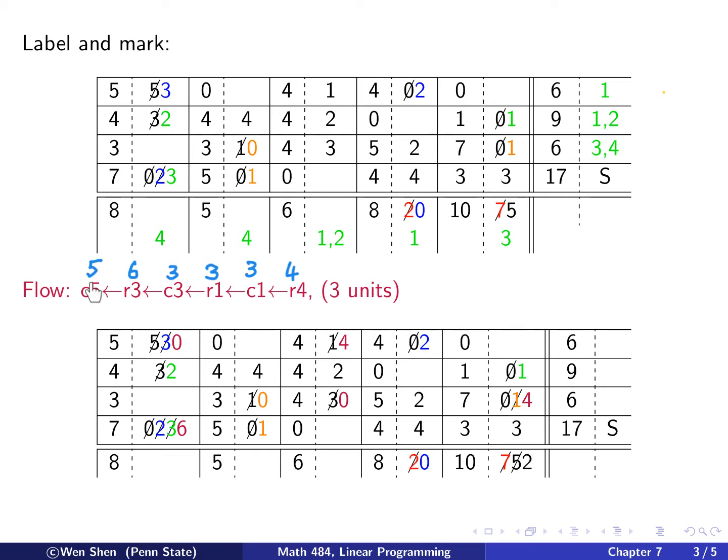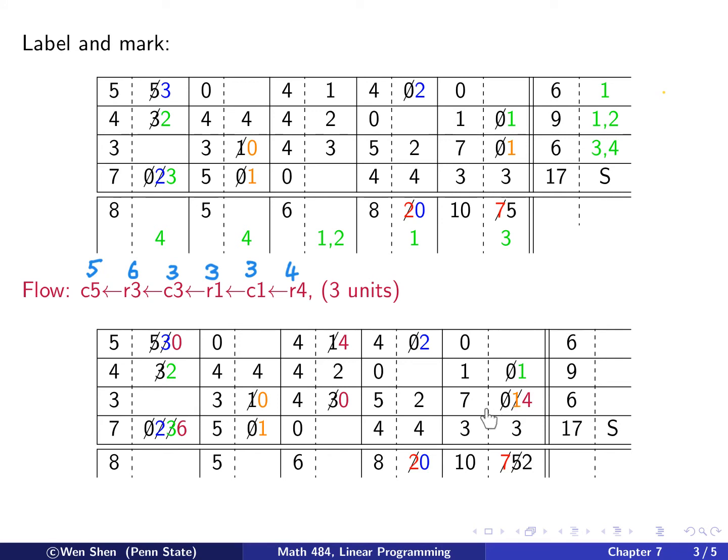These are the numbers that each link can carry at maximum. We have to take the smallest among these, because you cannot carry more than that, otherwise one of the links will not work. So the minimum of these is 3, so I can carry 3 units through here. Let's mark that in.